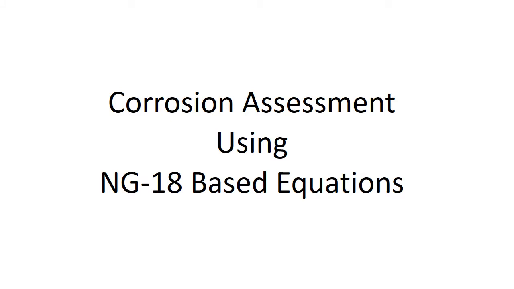Today I'm going to be talking to you about a corrosion assessment using the NG18 based equations. Some of you will probably know these equations better as the ASME B31G equations or possibly the DNVGL F101 equations. The reason I'm calling them the NG18 based equations is because they were developed by the NG18 committee at the Battelle Institute in Columbus, Ohio, back in the late 1960s and the early 70s.